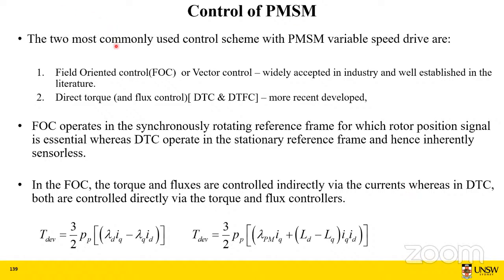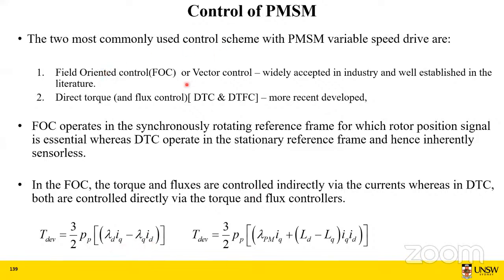Now, we could also have direct torque control, which is an alternative way of controlling the torque. In fact, in field-oriented control, or sometimes it's referred to as vector control, we are in fact also controlling the torque, but not directly. We control the torque via controlling current.